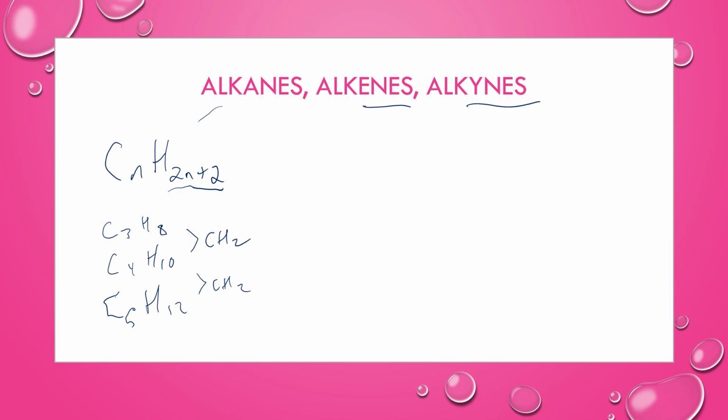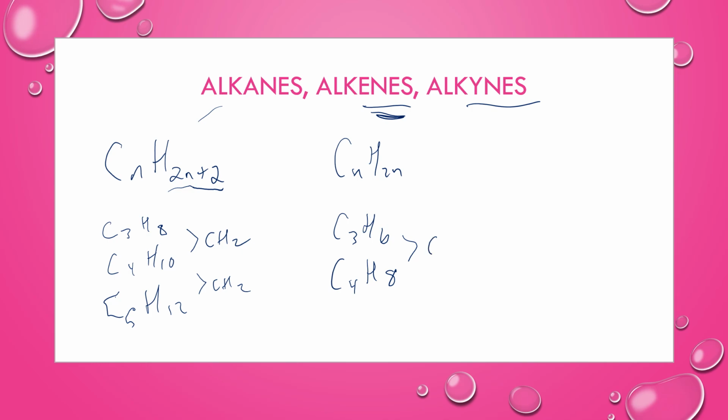If we are considering the alkenes, where there's just one double bond, it's going to follow the general pattern CnH2n. So like propene is C3H6, and then butene, it could be but-1-ene or but-2-ene, C4H8. But notice the difference here.